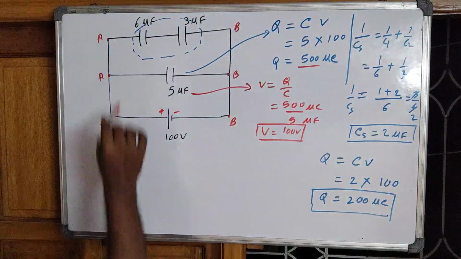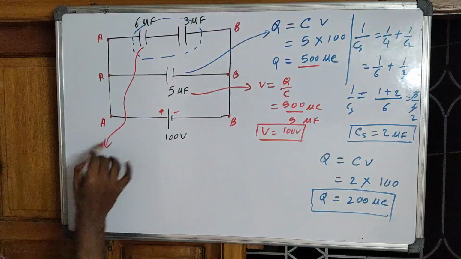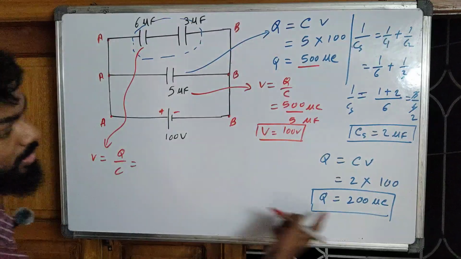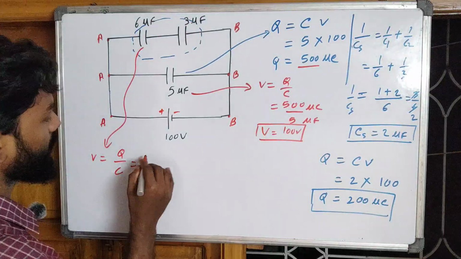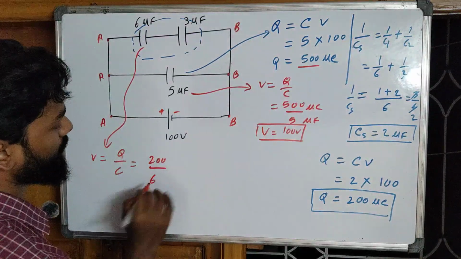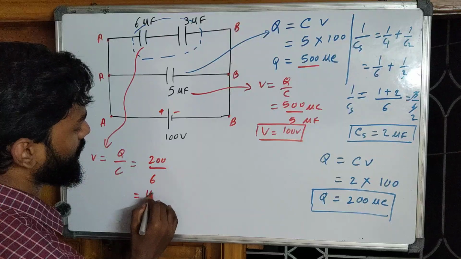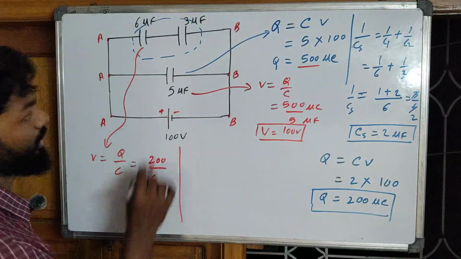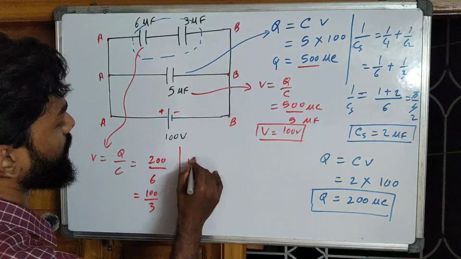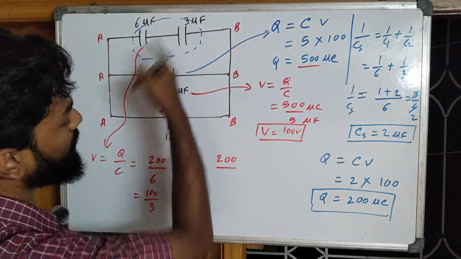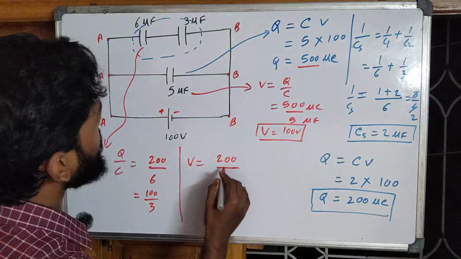All right, so what's the voltage across this branch? V equals Q by C. Q is 200, which you found out, so 200 by 6, which is 100 by 3 volt. For this other capacitor, V equals Q by C, Q is again 200 since it is a series combination, by 3.